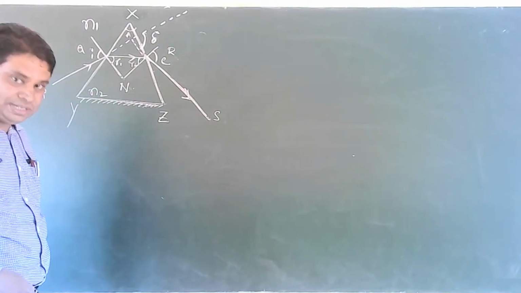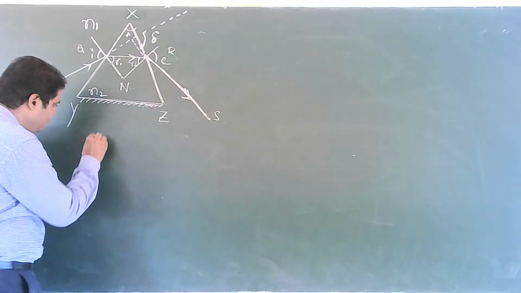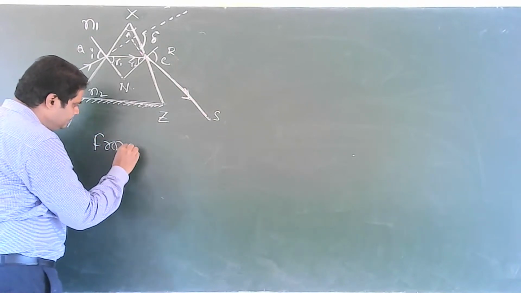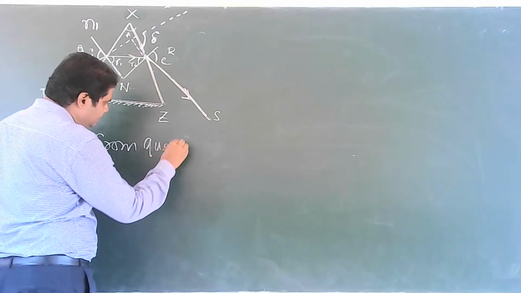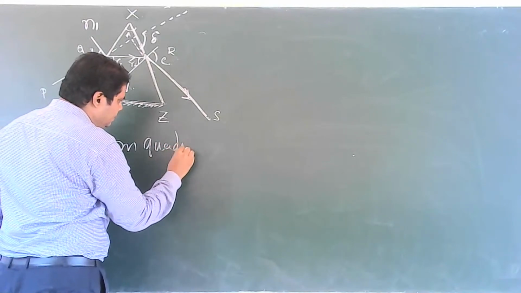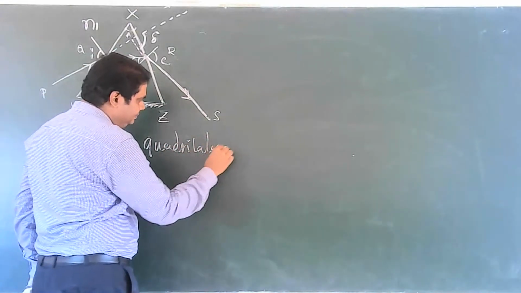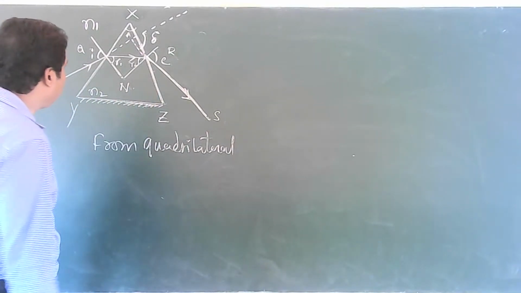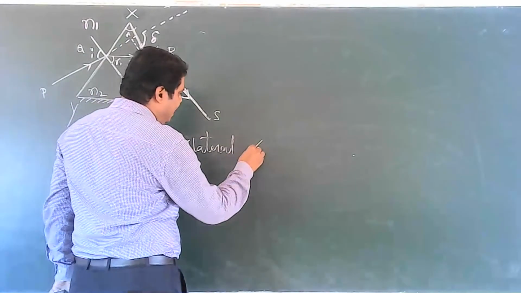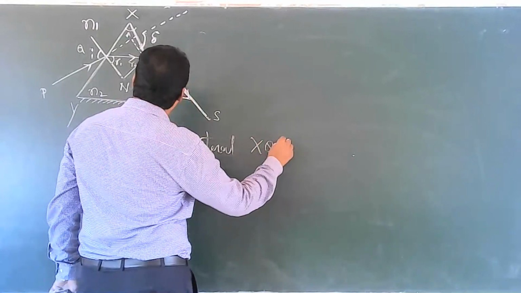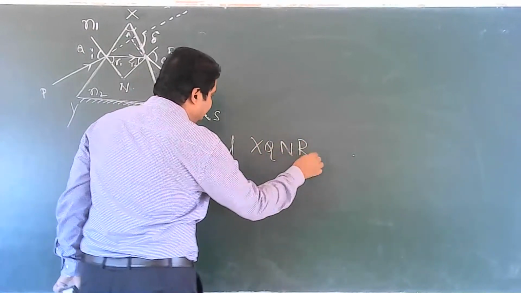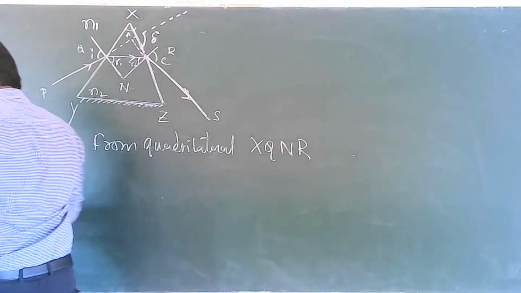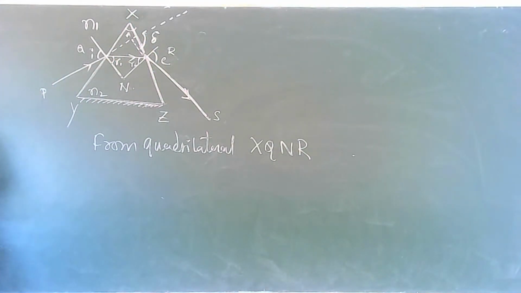Now, let me start. From quadrilateral, see carefully, X, Q, N, R. Let me take some different chalk piece.